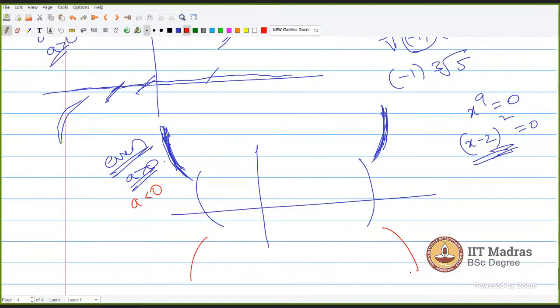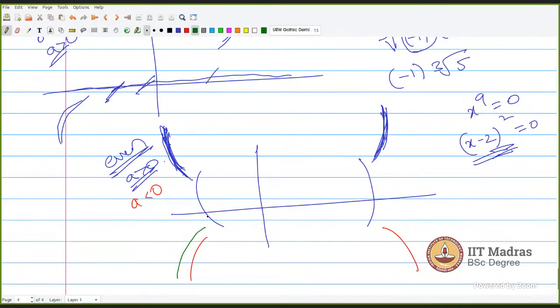Sir, I have a small doubt. From the polynomial, how do I know whether a is greater than 0 or less than 0? Leading coefficient. See, if you have the polynomial, find the degree, the leading term.